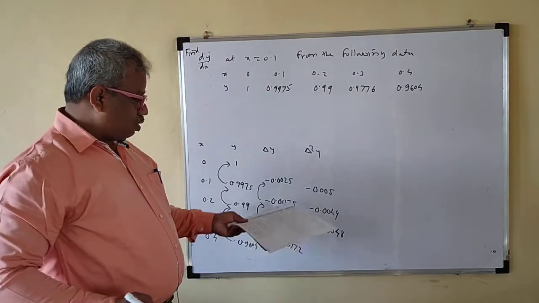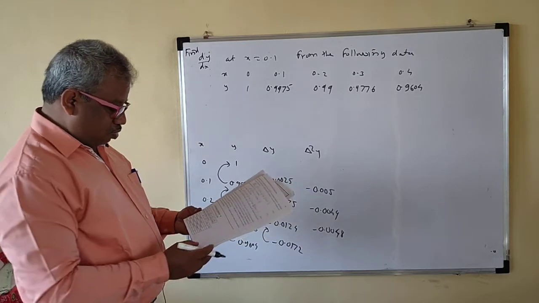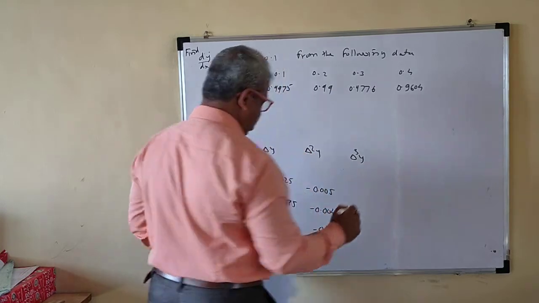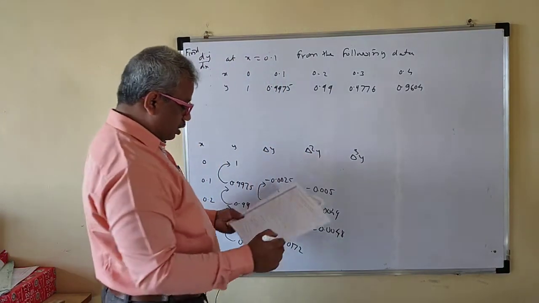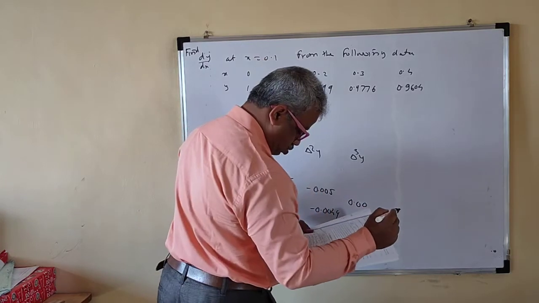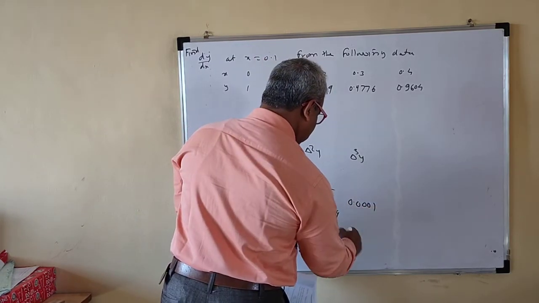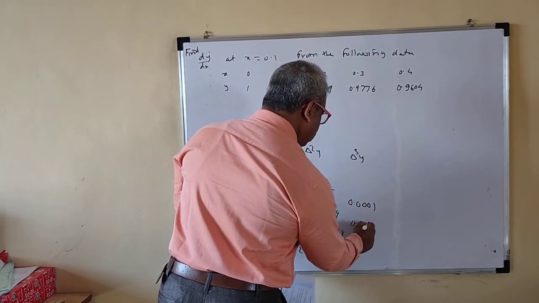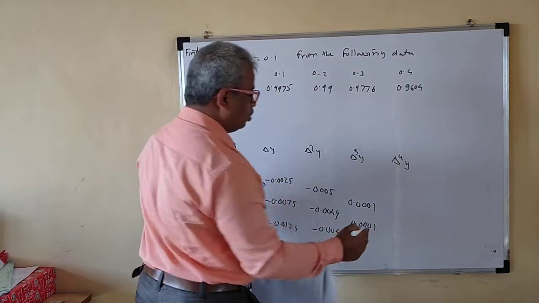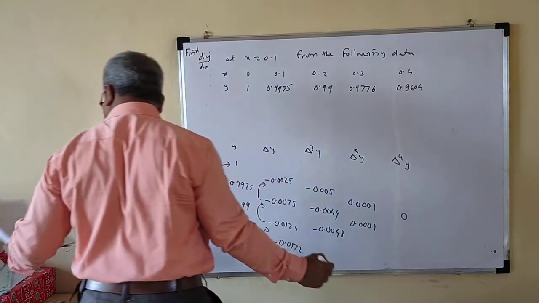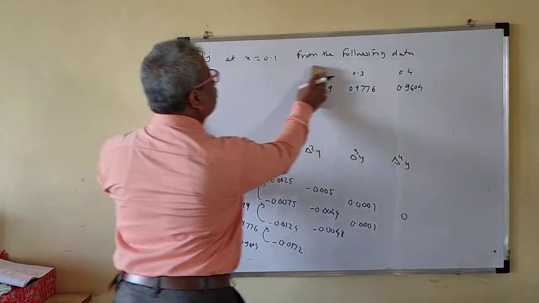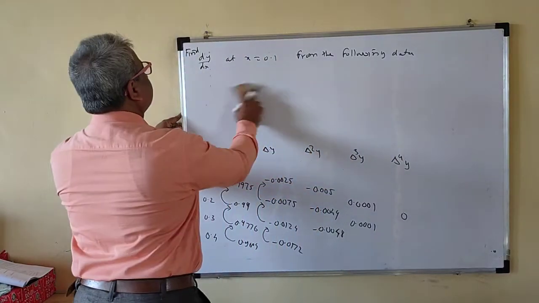You have to write the correct value. Del cube y: this minus this is 0.001, this minus this also 0.001, and del to the power 4 y is 0. So this is very nice, and we don't want this.